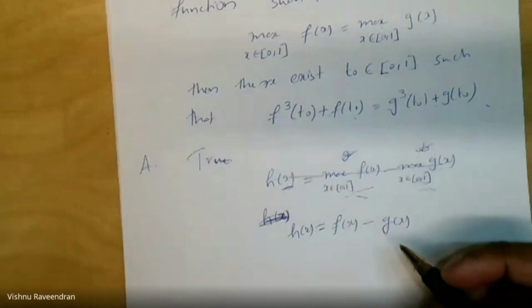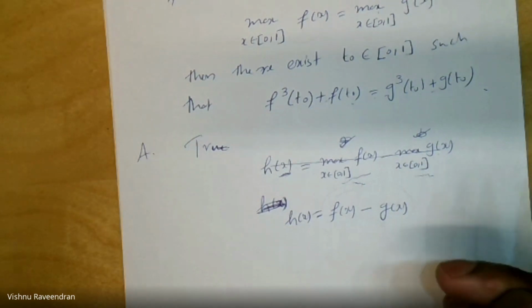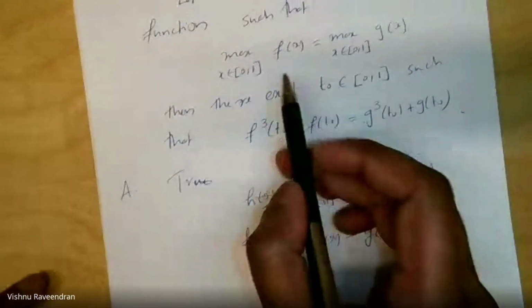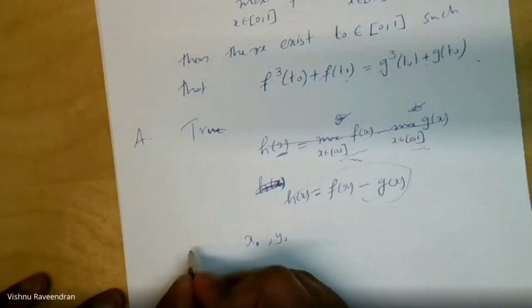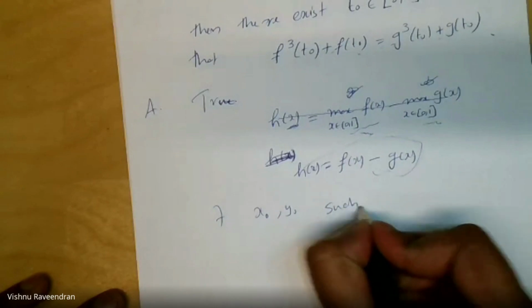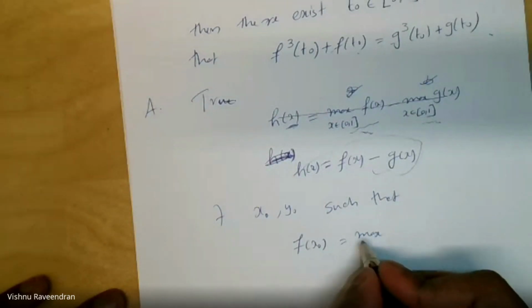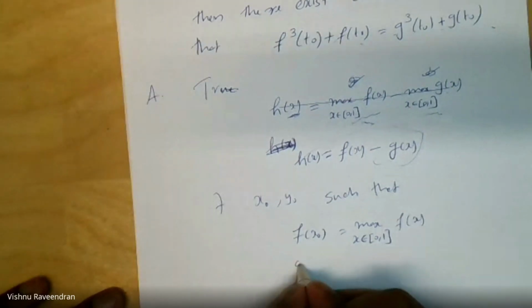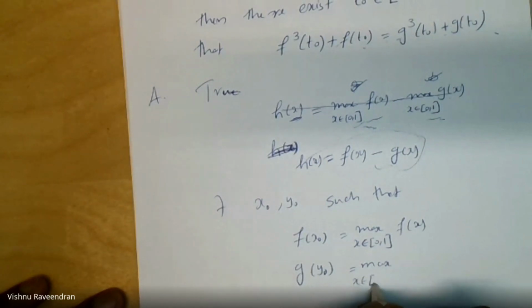So how do we proceed from here? One better idea is that since this is a continuous function on the closed interval 0, 1, we can explicitly find x naught and y naught such that f of x naught equals the maximum of f of x for x in 0, 1, and g of y naught equals the maximum of g of x for x in 0, 1.